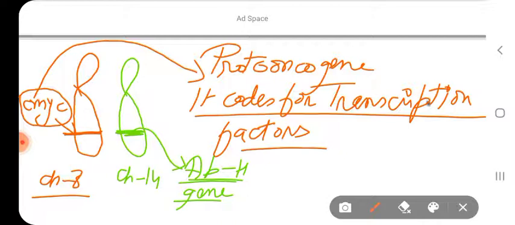Now I think you know about the structure of immunoglobulins, that immunoglobulins or antibodies consist of 2 heavy chains and 2 light chains joined by, not glycosidic, disulfide bonds.